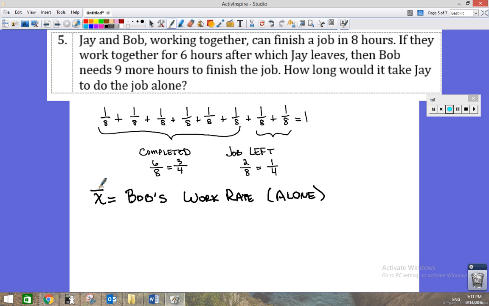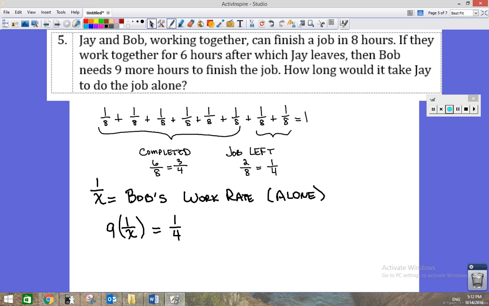So if I make this 1/X, that's his work rate. Now, it took him 9 hours. So in 9 hours, at working on a per hour basis, 1/X, Bob was able to complete 1/4 of the job.